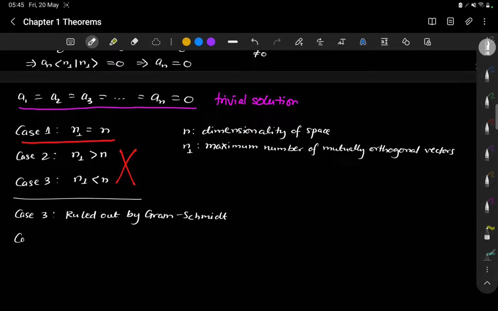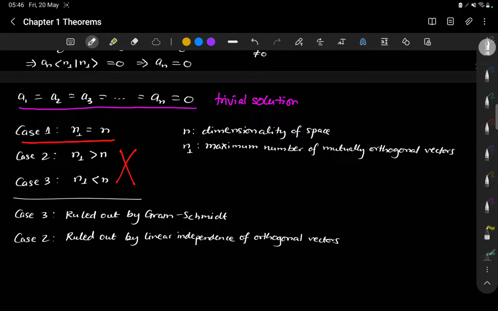Similarly, we rule out case 2. It is ruled out by the fact that mutually orthogonal vectors are linearly independent. Why so?